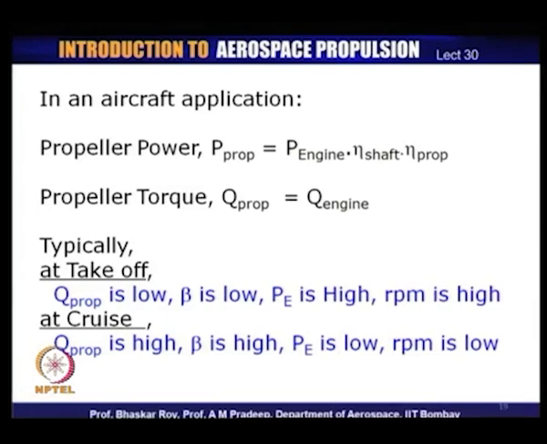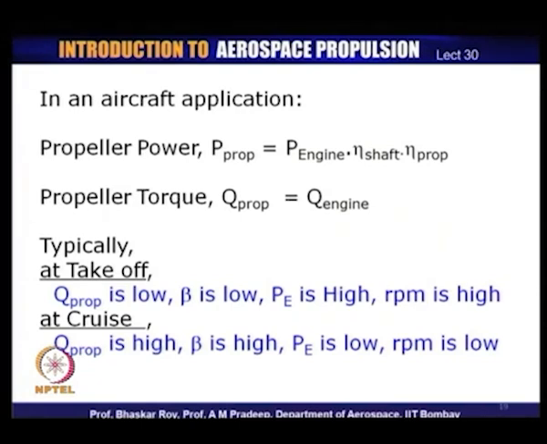During cruise, on the other hand, the torque requirement is very high. That is because the blade pitch setting angle is very high, and as a result the torque requirement is very high. But on the other hand, the power requirement is rather low, and the RPM is also rather low compared to the takeoff RPM.